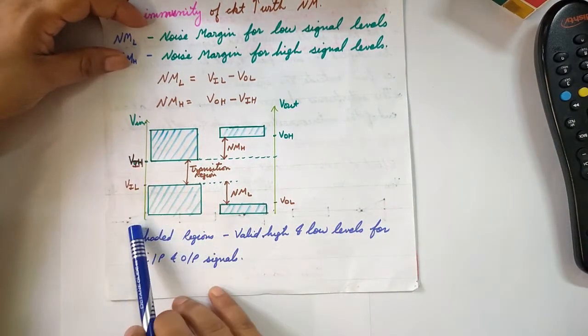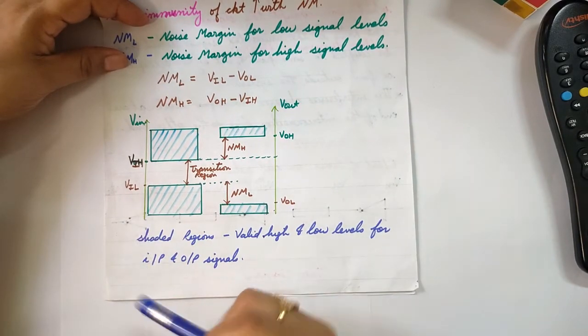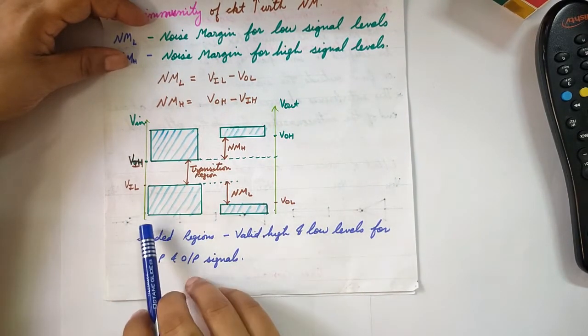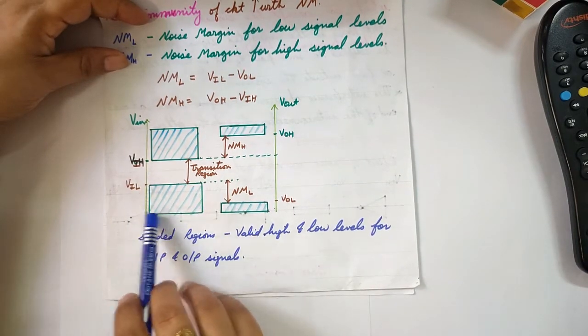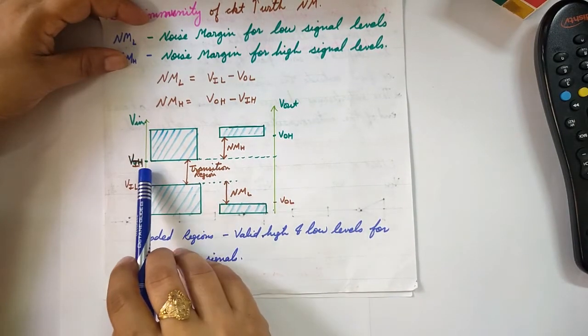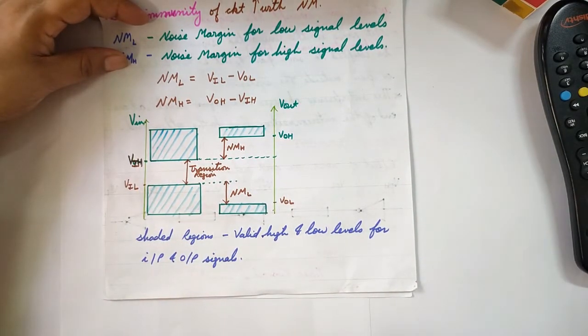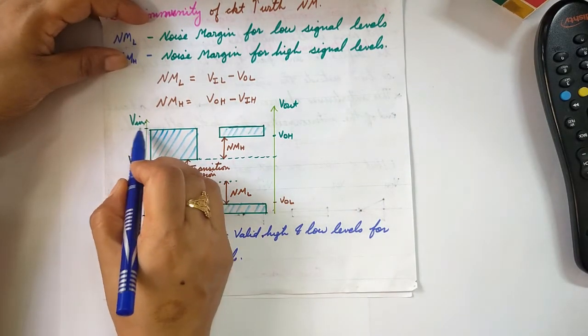If I see the input axis, the input signal which is treated as low, meaning logic 0, is from 0 to VIL. So this is the logic 0 input signal. And from VIH to VDD, if I mark this line, this is 0 and the maximum is VDD.